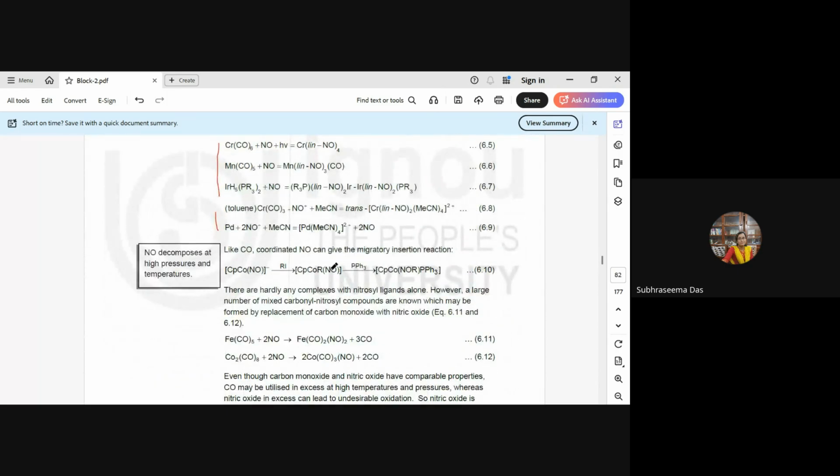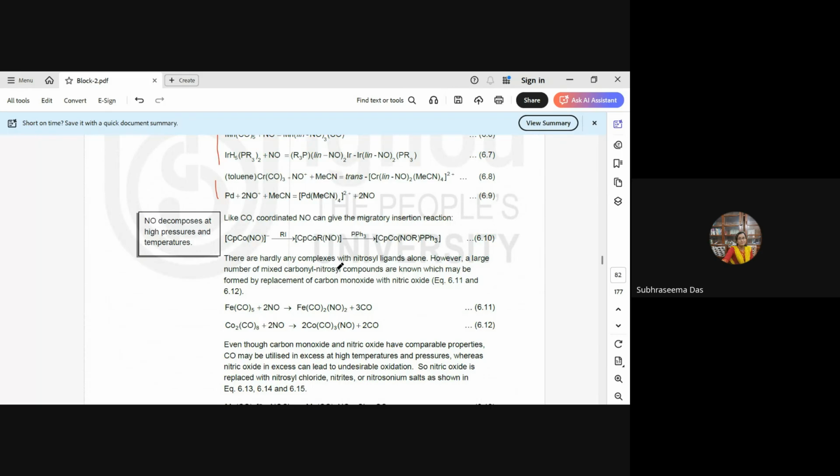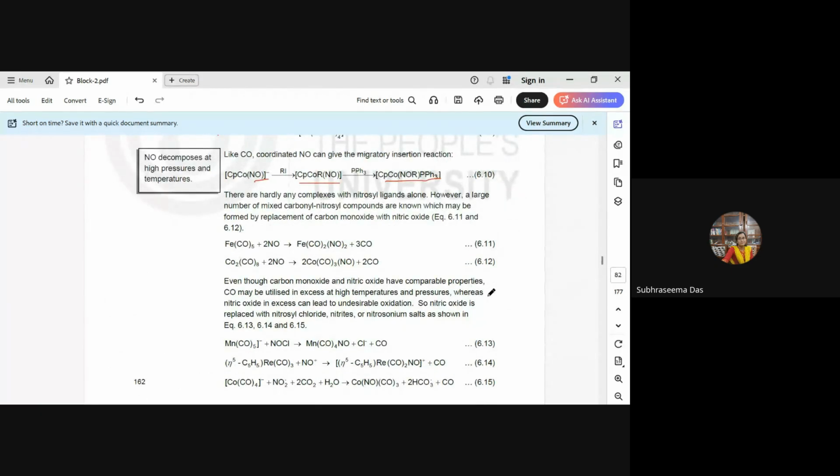Like CO, the coordinated NO can give a migratory insertion reaction. Here this is CpCo(NO), with R minus, then CpCo(RNO)PPh3, and again it is replaced with PPh3. This is a migratory insertion reaction. There are hardly any complexes with nitrosyl ligands alone.